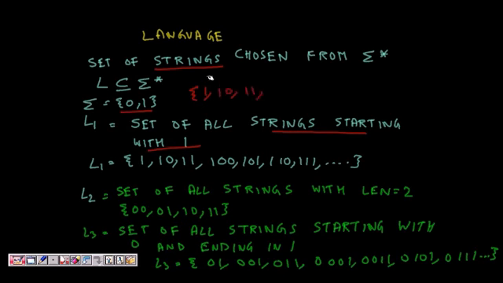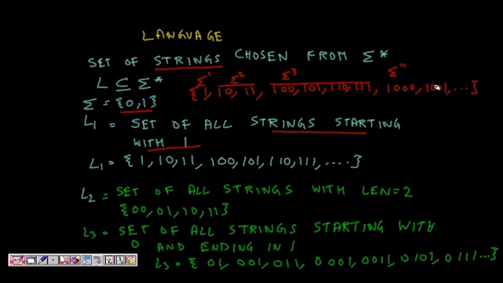So this is sigma 1, sigma 2. Let's write sigma 3. So what will it be? 1 0 0, 1 0 1, 1 1 0 and 1 1 1. So this is sigma 3. Similarly, you can write sigma 4 also. What will it become? 1, then you write 0 0 0, 1 0 0 1, and so on.